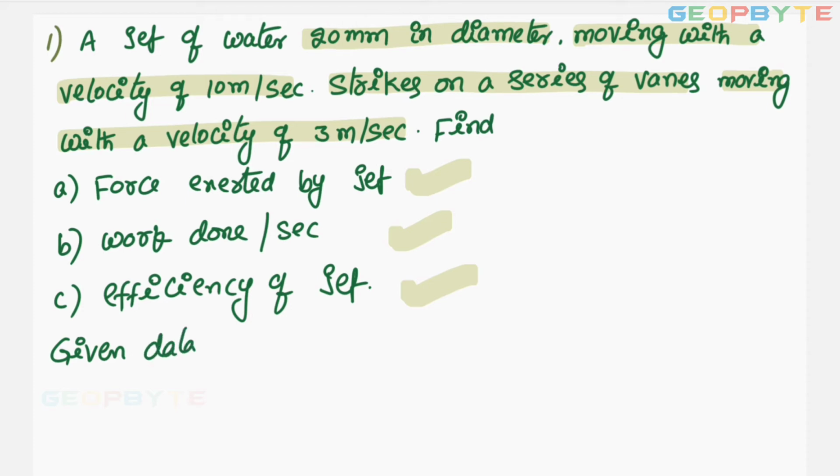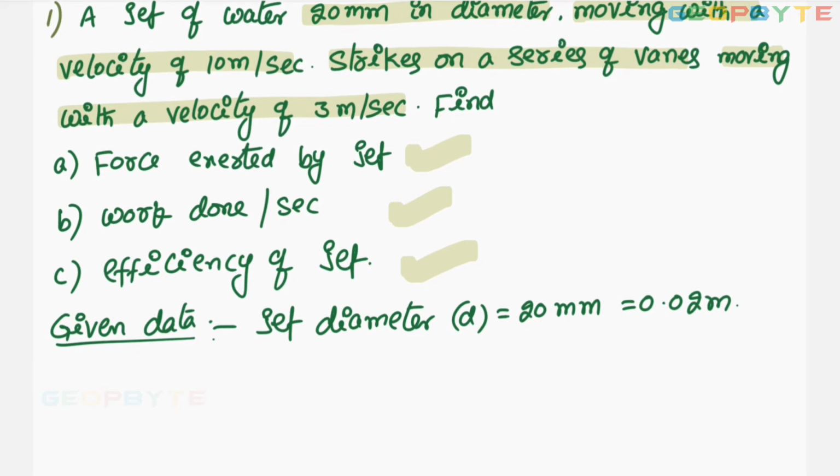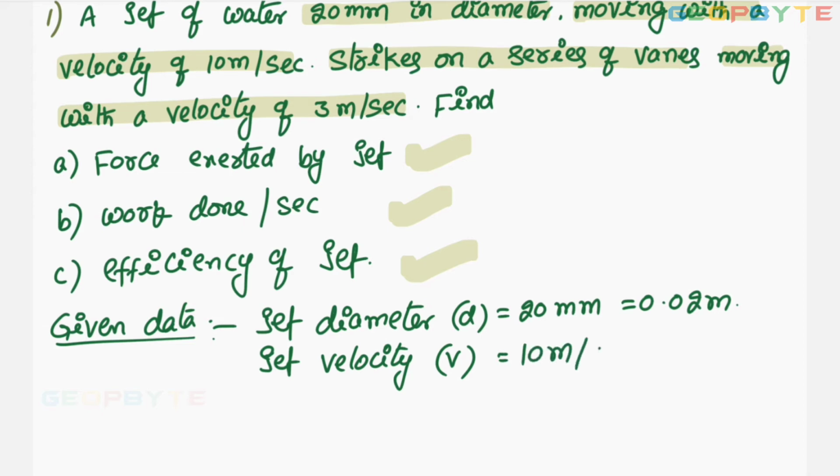Given data: jet diameter D equal to 20 mm equal to 0.02 meters. The jet is moving with a velocity, jet velocity denoted by V, equal to 10 meter per second.